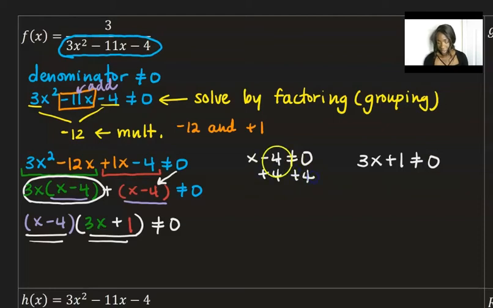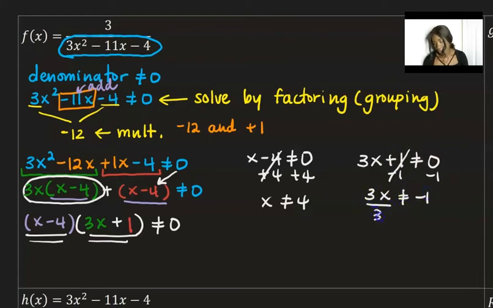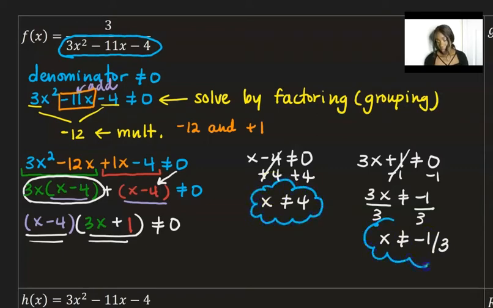So solving the first equation, I'll add 4 to both sides to get that x cannot be equal to 4. And then solving the second equation, we'll subtract 1 and then divide by 3, to get that x cannot be equal to -1/3. So those are the 2 numbers that x is not allowed to be.